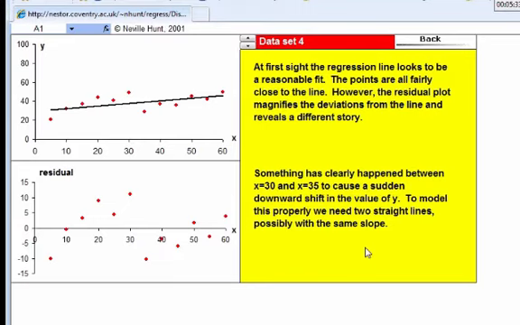At first sight, this regression line looks to be a reasonable fit. The points are all fairly close to the line. However, the residual plot magnifies the deviations from the line and reveals a different story. If you look, you've got a whole bunch of data going here, a whole bunch of data going here. So this is probably not going to be a linear model.